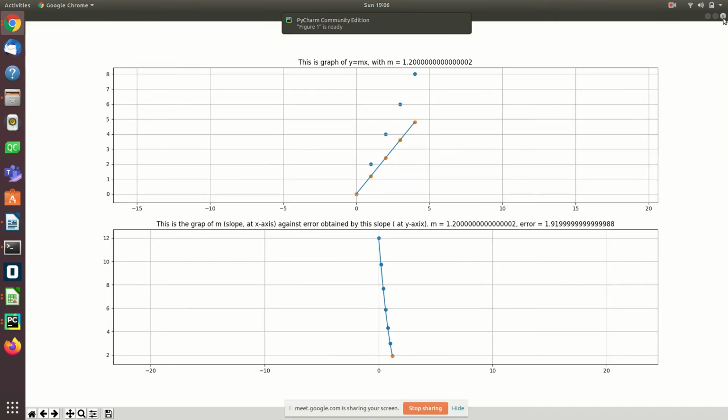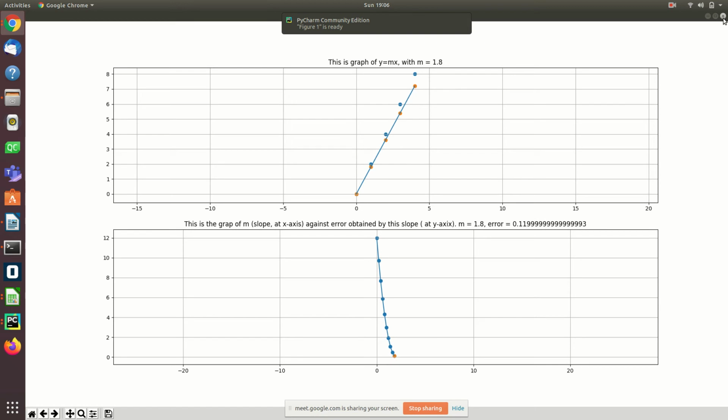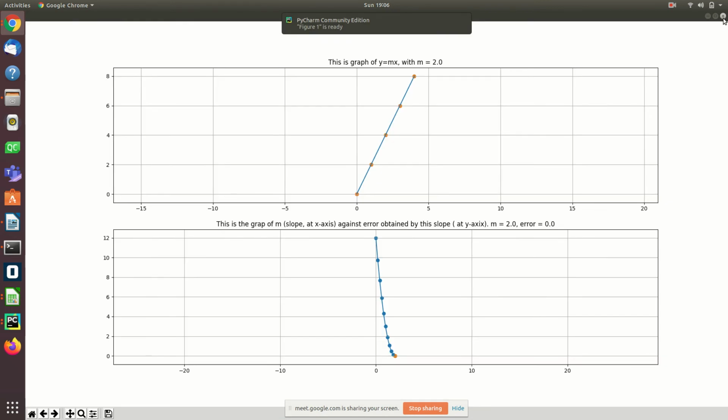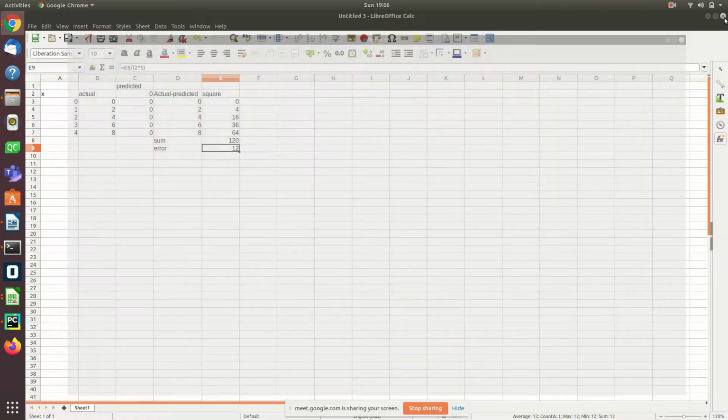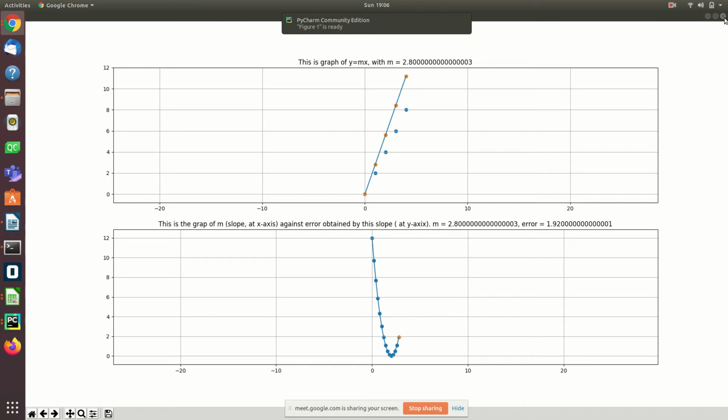Python is used to just depict and see and do calculations, but still there is mathematics. I stop here. When m is 2, when slope is 2, the error is almost 0, right? When I go up, again error started increasing.